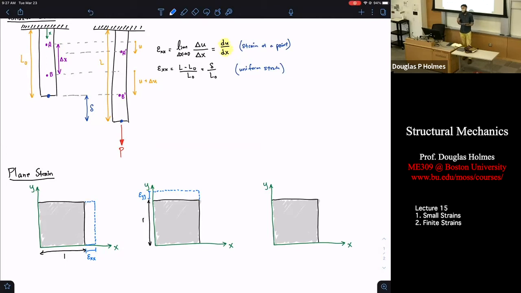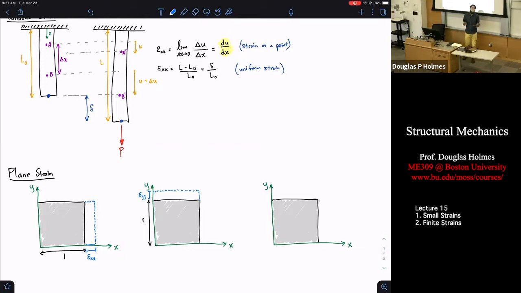These are what's referred to as dilational strains. These are strains that don't change the shape of the object as much as uniformly elongate it in one direction or another.